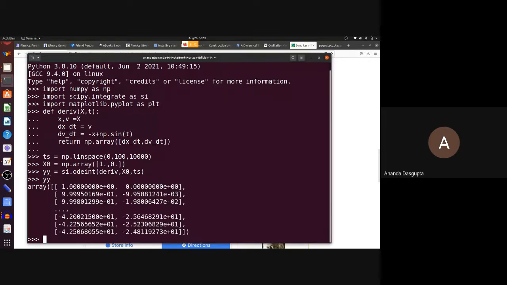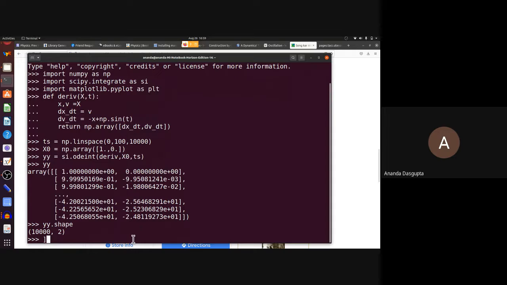So these are the huge arrays which you have. If you look at the shape of the array, you will see 10,000 rows with 2 columns. Roughly, in the matrix language, that's what it will look like. The first column, of course, is the x, second column is y.